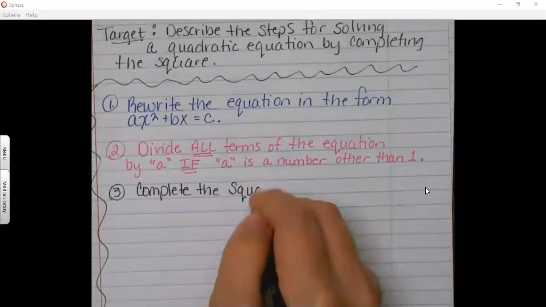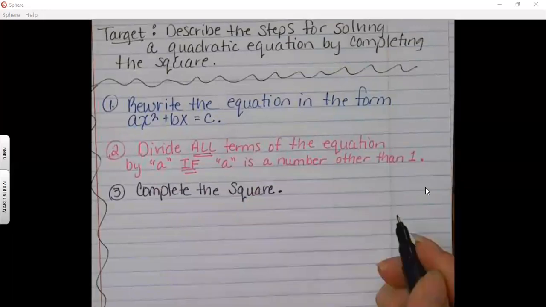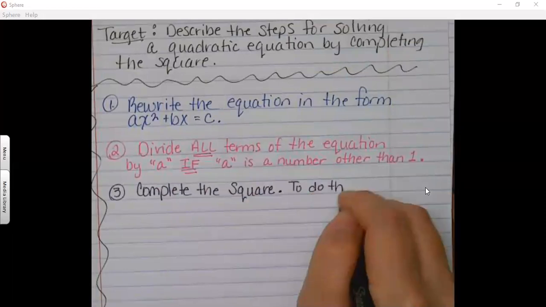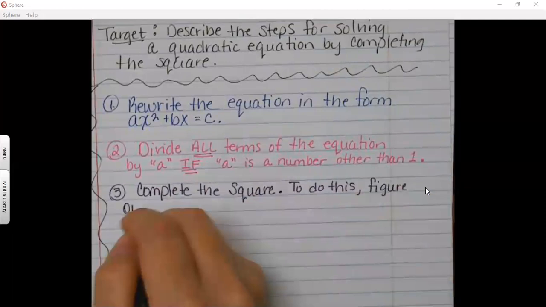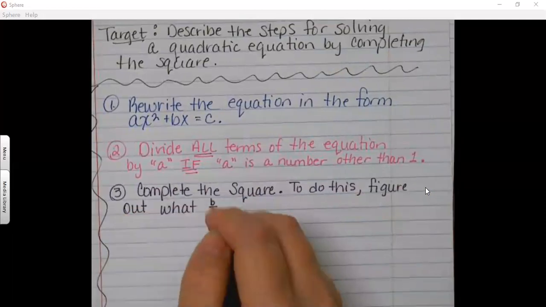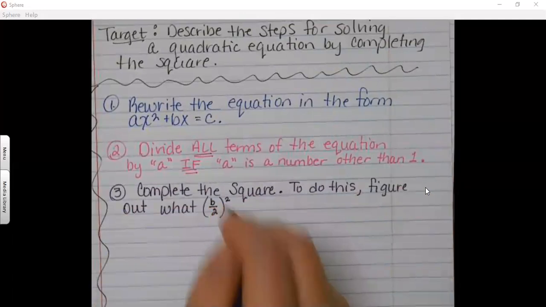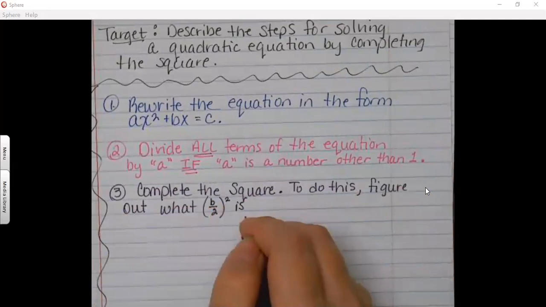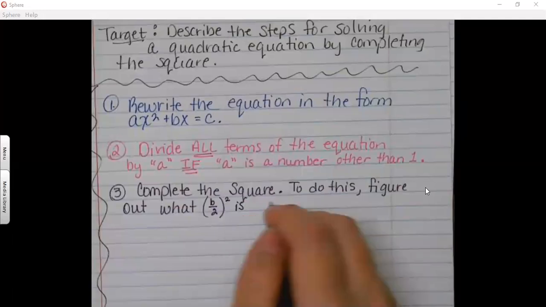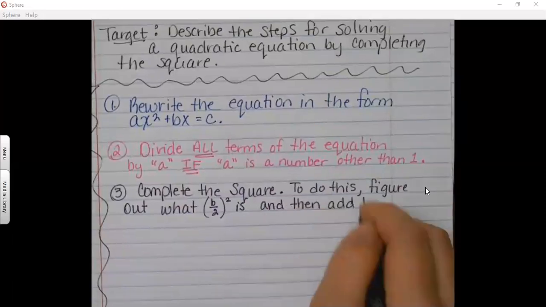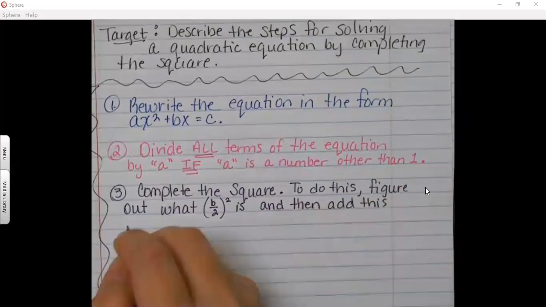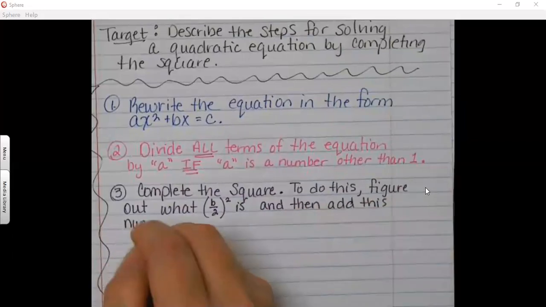To do this, figure out what b divided by 2, quantity squared, is, and then add this number to both sides of the equation.